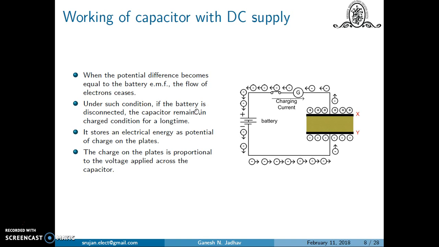Under such a condition, if the battery is disconnected, the capacitor remains charged for a long time. It stores the electrical charge on the plates.